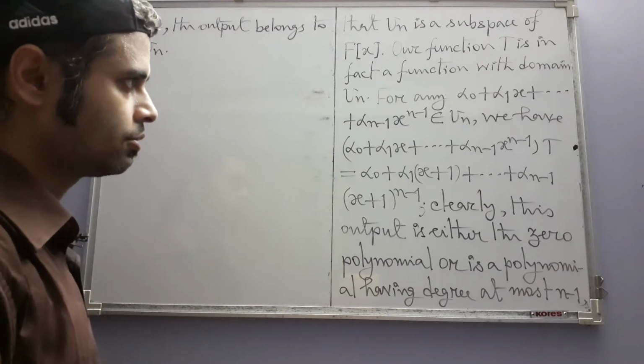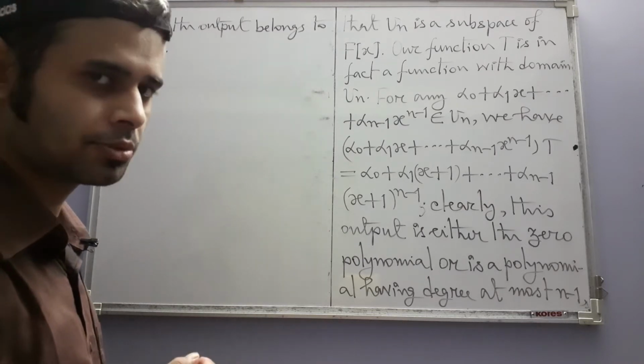Next, of course, we have to show that T is a vector space homomorphism.